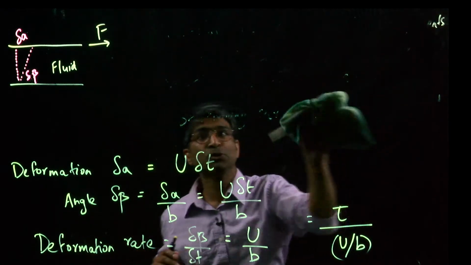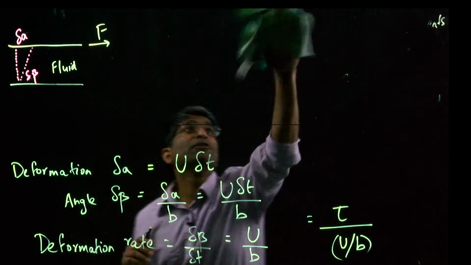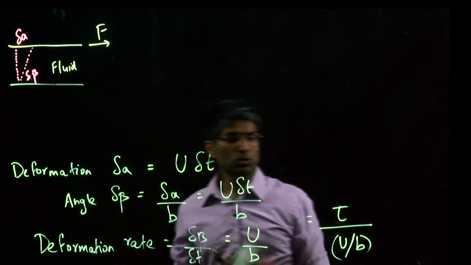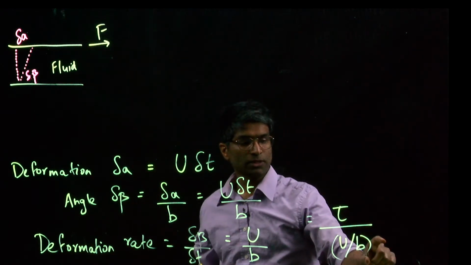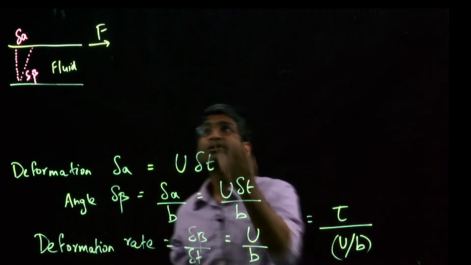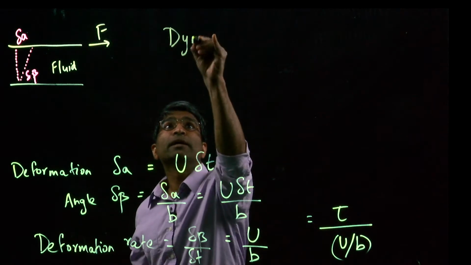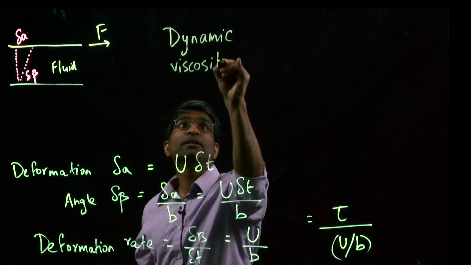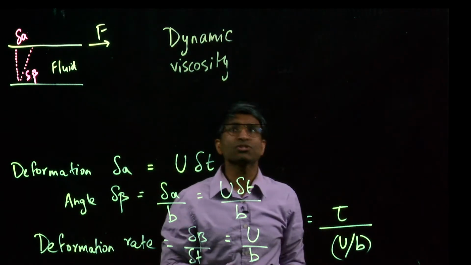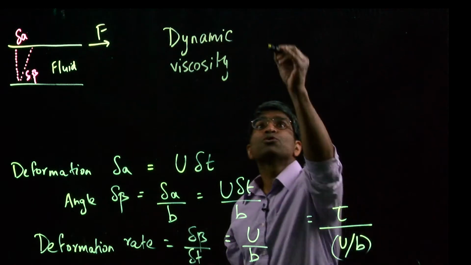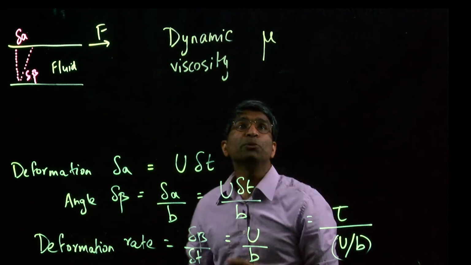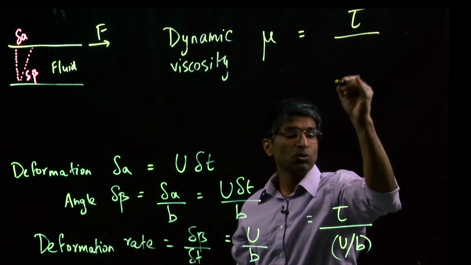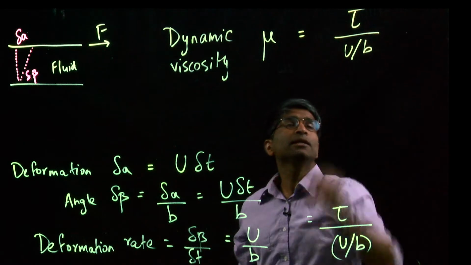So what we have been trying to do is come up with a measure of deformability of the fluid, and that looks like it is the applied stress over the resulting deformation rate. So we are going to call that a dynamic viscosity. It's dynamic because it quantifies forces, hence the dynamic. So this dynamic viscosity, which we call mu, is the measure of deformability, and so that's tau over u over b.